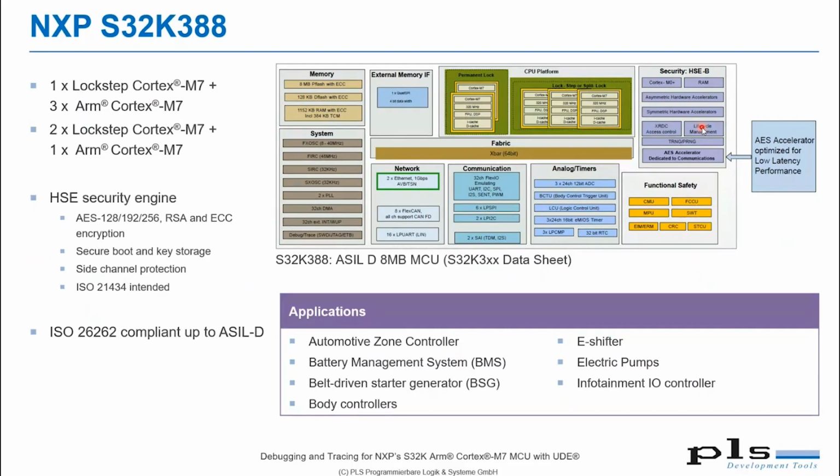The hardware functions for the debugging and also for tracing are all based on Arm CoreSight, which is the debug and trace technology from Arm. That means that the debugger can connect either using JTAG or SWD to the device. And we are using standardized connectors, which we have on all the evaluation boards that are available.